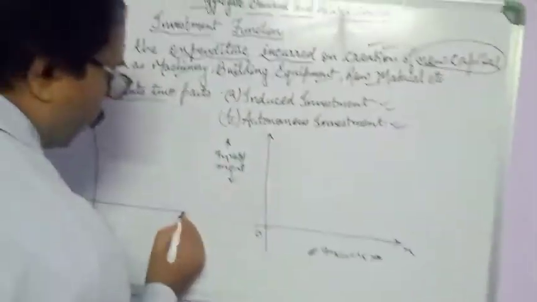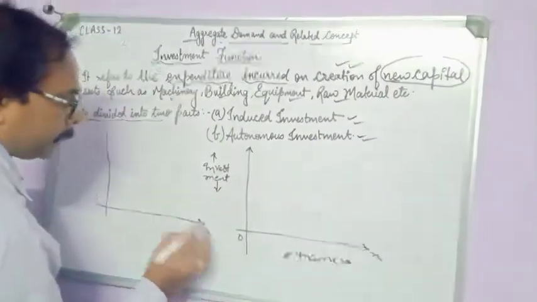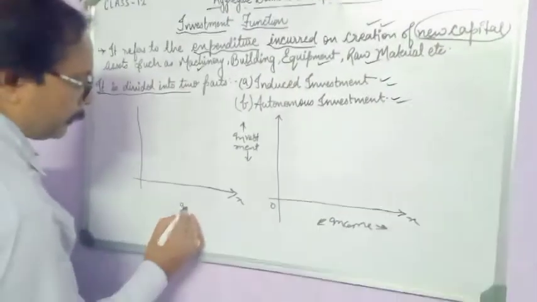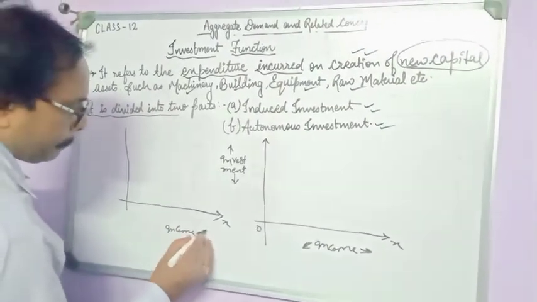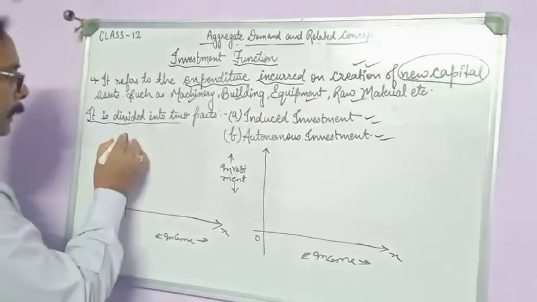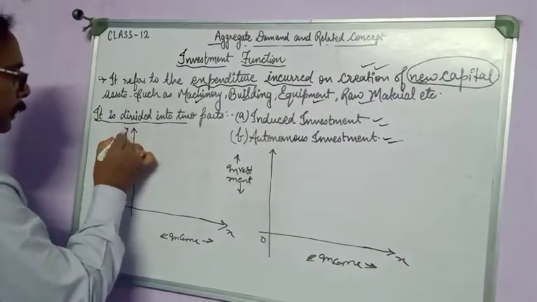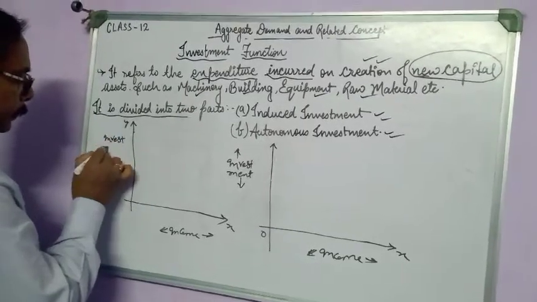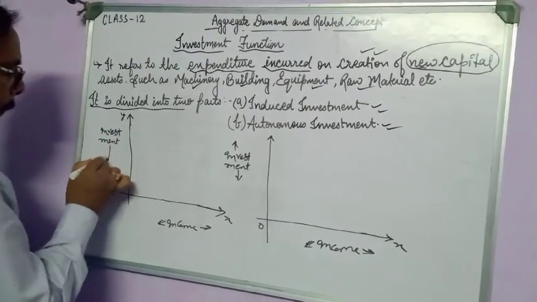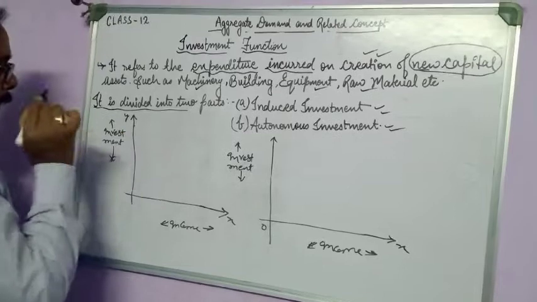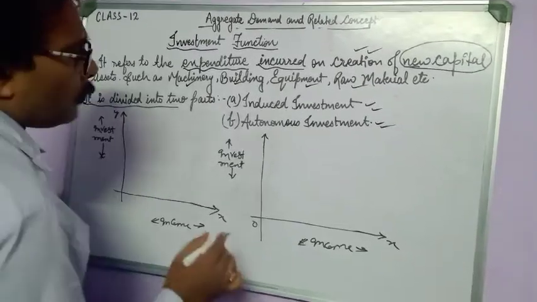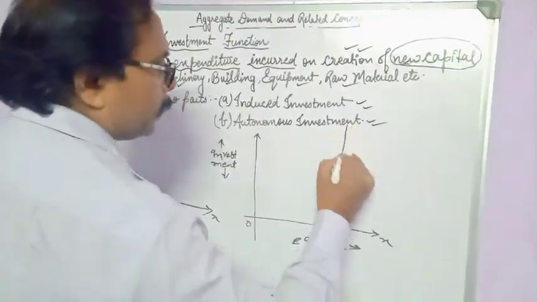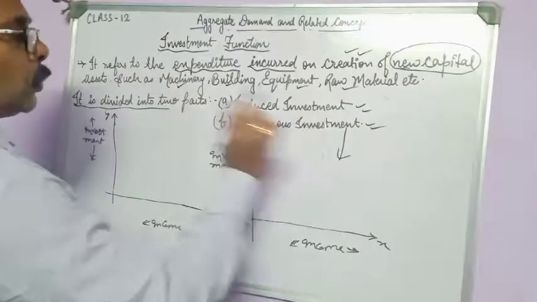Here also, this is the x-axis, the income, and here the y-axis, the investment. Clear?